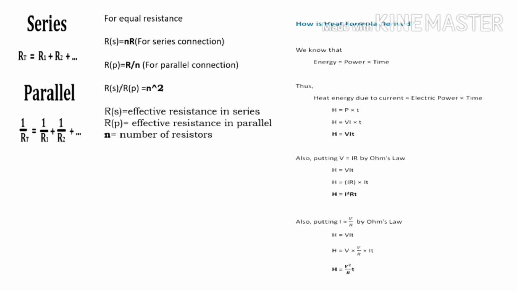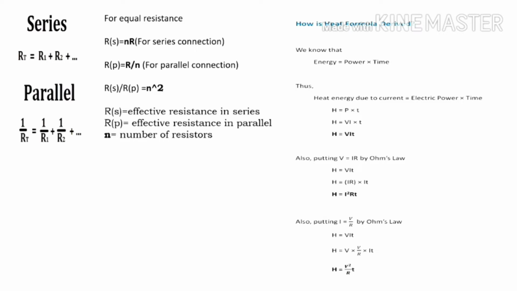If you take a simple example, suppose you take three identical resistors, R1 equals R2 equals R3 equals R. In series, you get Rs equals 3R. If you take 4 resistors, 4R.